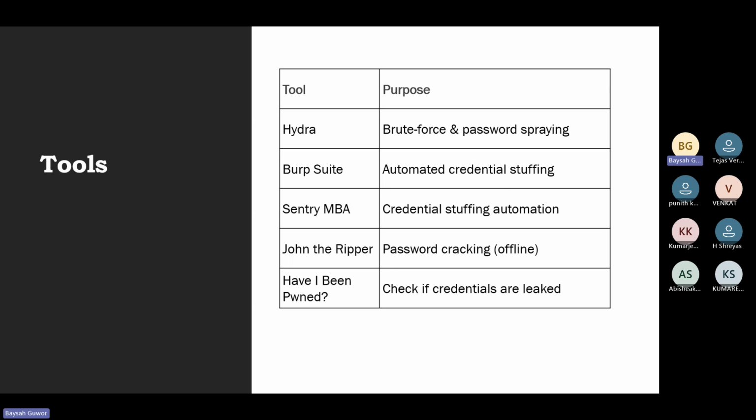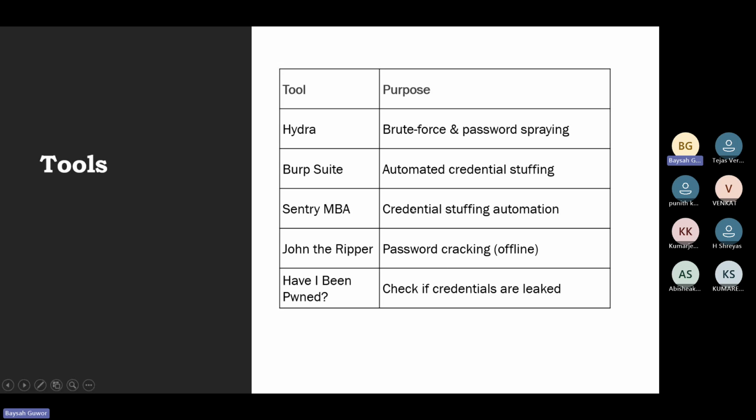Sentry is another tool for credential stuffing. It helps us automate the entire process. You just have parameters to submit, then you click start and it starts. Even Hydra is automation, Burp Suite also is automation.